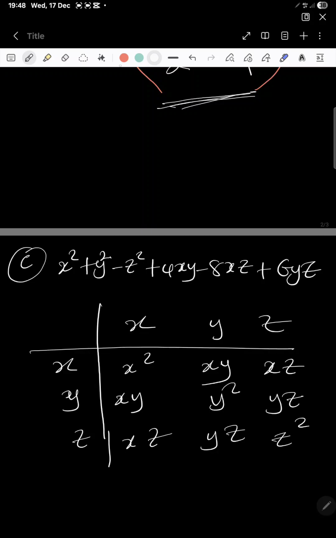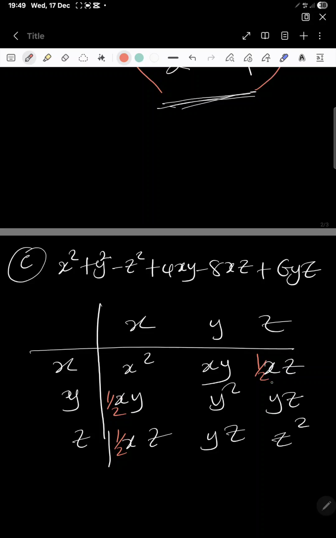But don't forget that the numbers which are not in the major diagonal should always be divided by half, except those in the major diagonal. So these that are not in the major diagonal, these should all be divided by half. So we're going to say this will be divided by half, or 1 over 2, or divided by 2 rather.